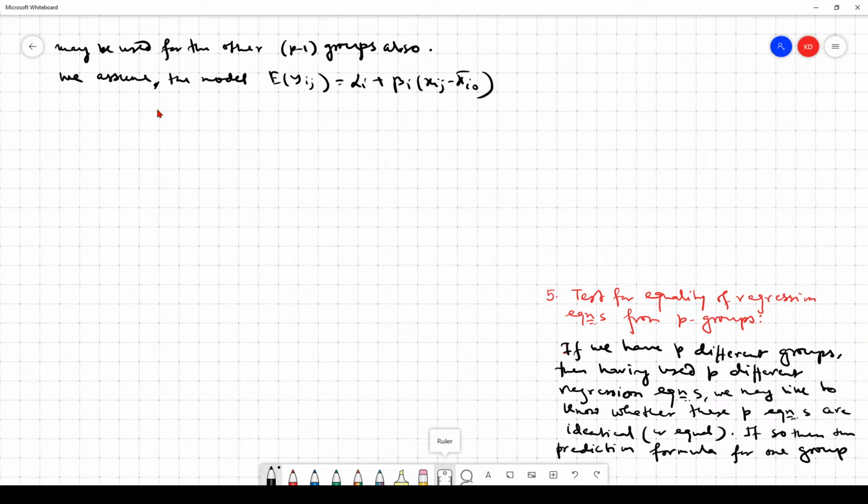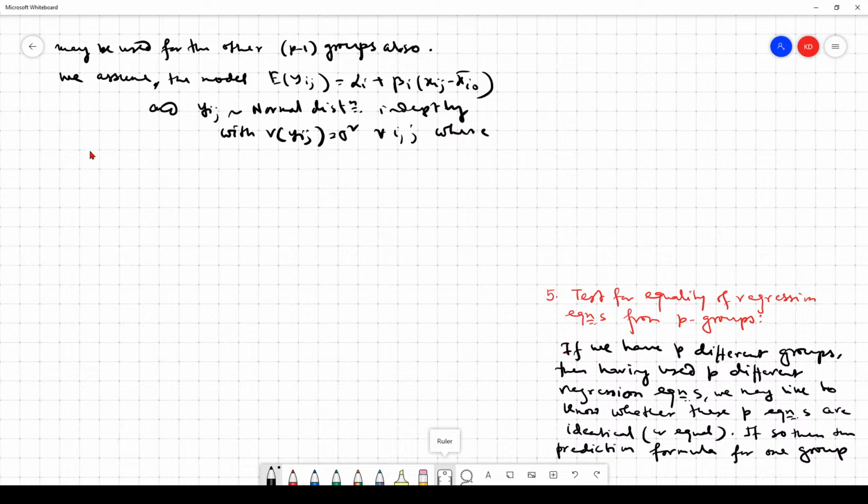And Yij follow normal distribution independently, with variance of Yij constant, that is sigma square for all i, j, where sigma square is unknown.